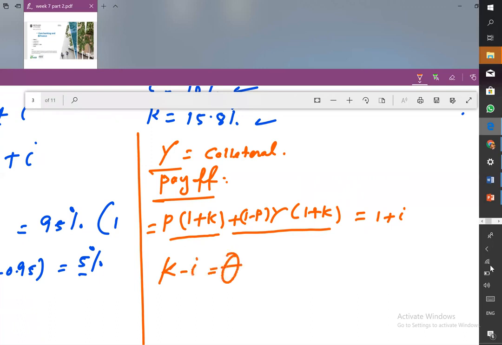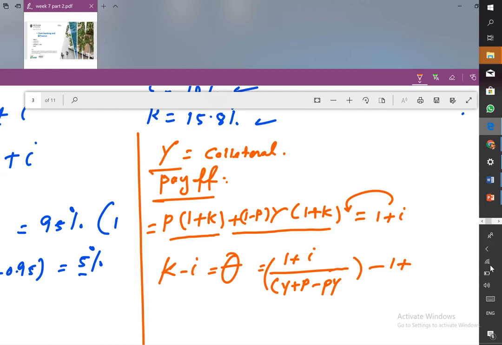And this premium equals the following: 1 plus I over B, minus, if you look at it, this is the 1 plus K. You just bring this amount here.